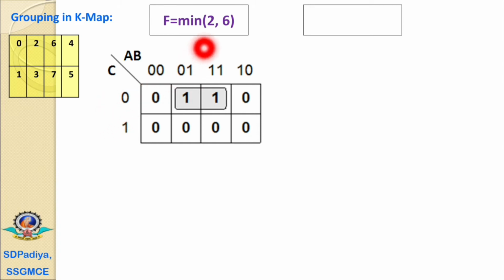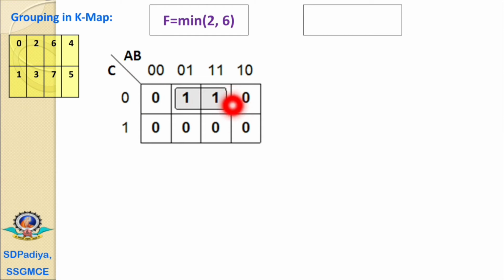Now, we have to find out the minterm for 2 comma 6. By comparing this K-map with the designations, we know the first column designation is 0 1, the second column designation is 2 3. Therefore, I have written 1 in the cell whose designation is 2. For the third column, the designation is 6 7.